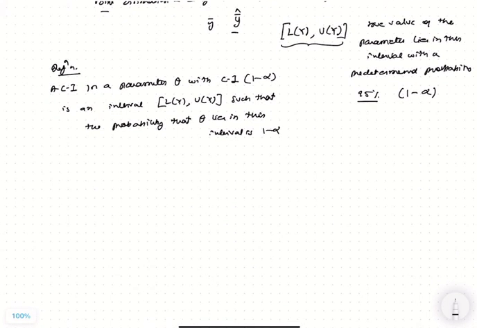So if we do the calculation and we find out that the 95% confidence interval of a population mean is 2.36, 4.89, what does that mean?